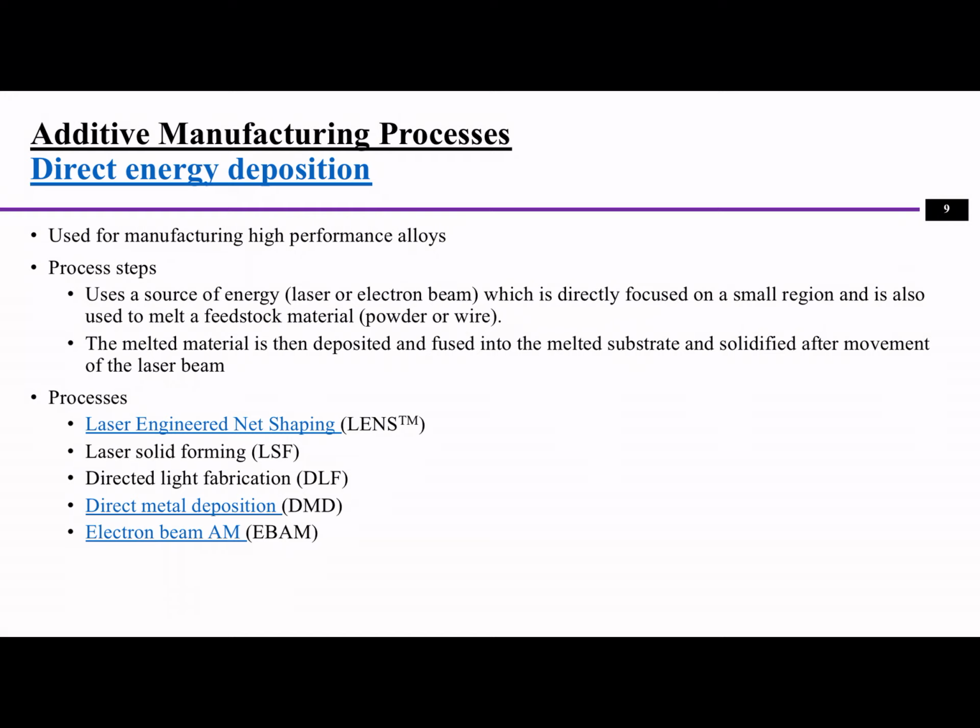So it has been used a lot in repairing operations, because it uses an energy source, either a laser or an electron beam, as well as feedstock materials at the same nozzle, and then deposits the melted material or feedstock on the existing structure. This is how it works, because the melted material will eventually solidify after the energy source is moved away, right?